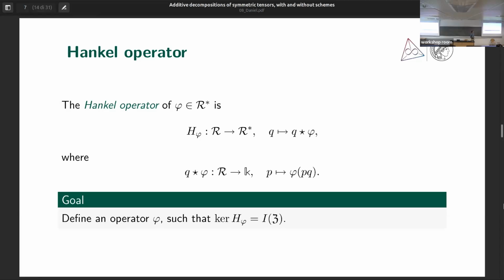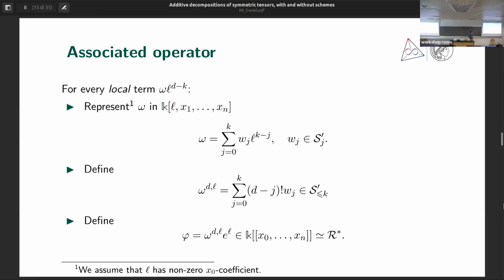So the goal is to define such an operator such that we can see the ideal of the scheme inside the kernel of this Hankel operator. And this, by the way, will be the same operator, I think, as the moment matrices that we have seen in many talks, mostly from the physical side. How do we define this operator? It's again a little bit dirty, so you need to work a little bit with the coefficients. We do it degree by degree, term by term for the decomposition. So you start from a local term, omega L to the d minus k.